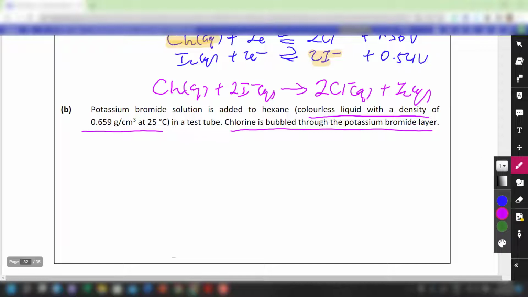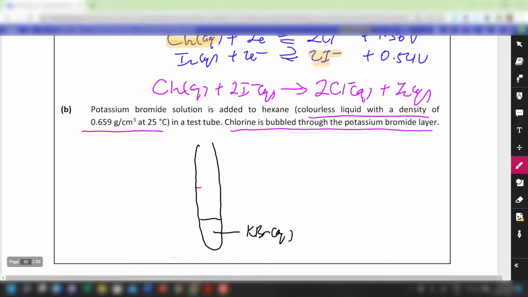Before I do anything, I expect the test tube to look like this: at the bottom I have KBr aqueous, and at the top layer we have hexane, which is the organic layer. Because it is less dense than water and they don't mix, as we have learned under chemical bonding, hexane forms dispersion forces with each other and does not form favorable hydrogen bonds with water. So hexane and water will have 2 layers.